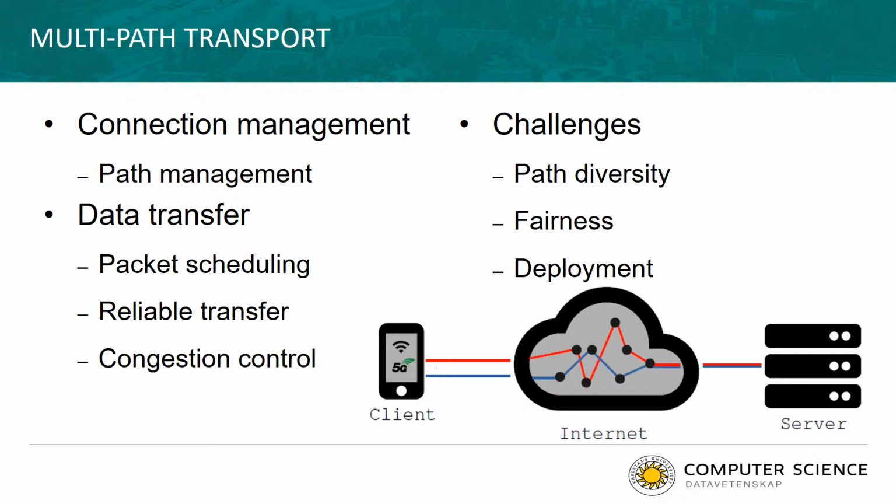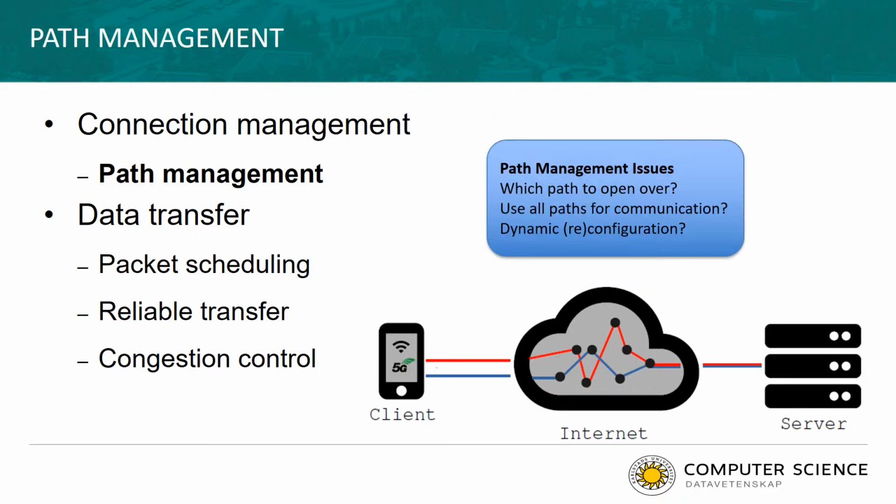Let's now talk about each of the core mechanisms in a little bit more detail. So let us start with the path management. As I said, the path management issues has to do with how to manage the different paths available for the communication. And here there are a number of key issues to consider. So the first issue here is which path do we open our communication over?